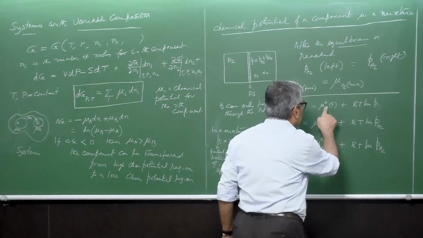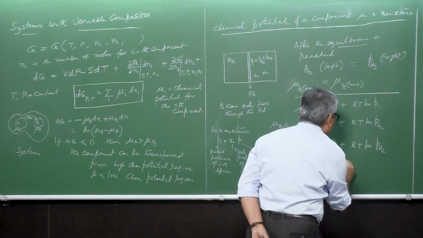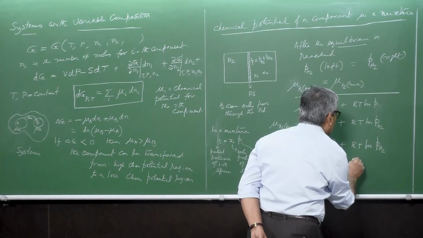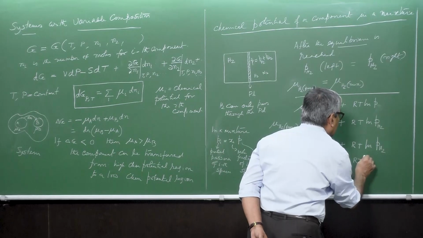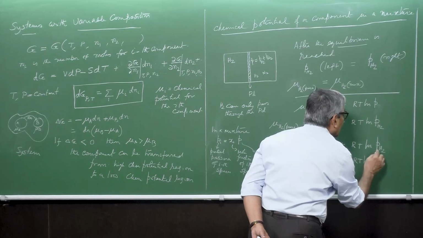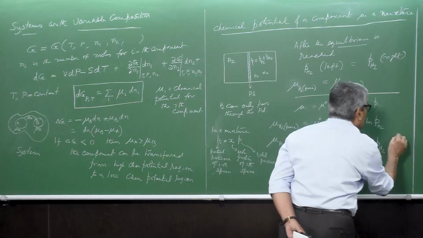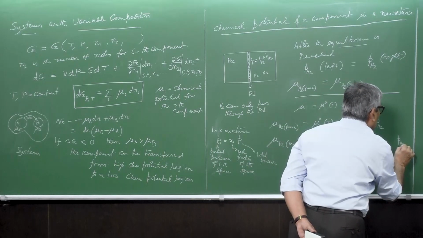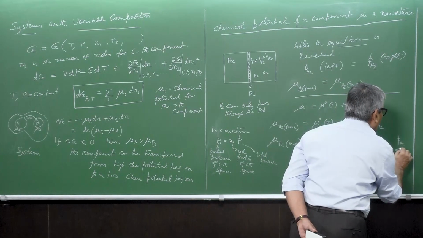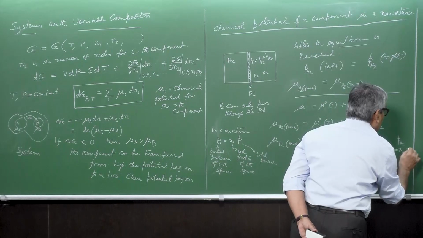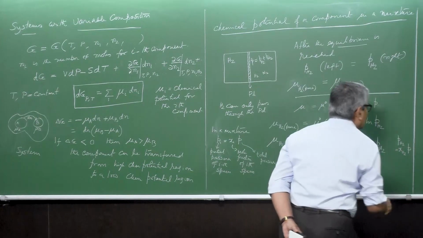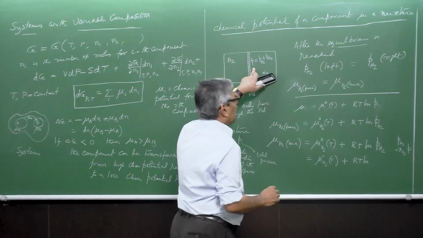So that 0 indicates the standard pressure. So that is equal to RT ln P H2, which equals X H2 into P, the total pressure.